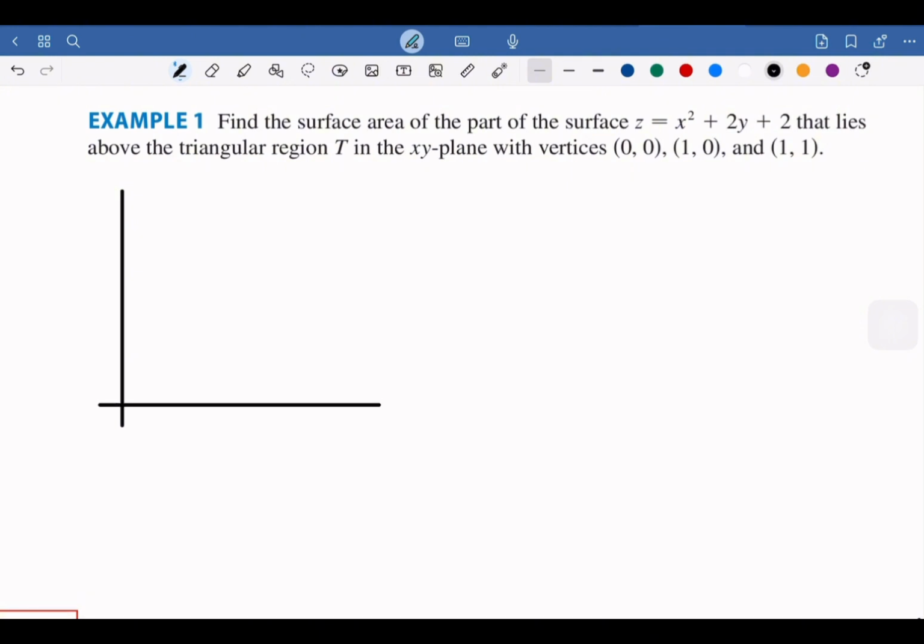Since all is positive, I will start with 0, 0 here, and then 1, 0 perhaps here, and this is another 1, and this will be 1, 1. So I will have this line and also this line here. So this is our T.